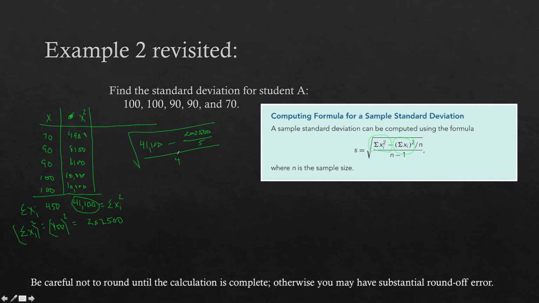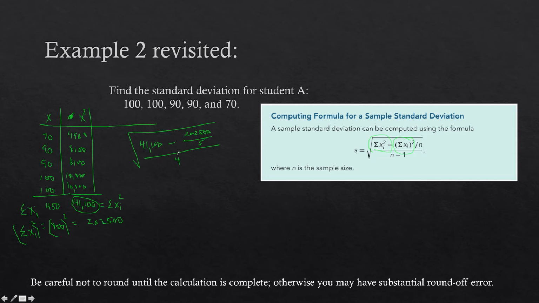Excuse me, 202,500 divided by 5 is 40,500. I knew that didn't look right.